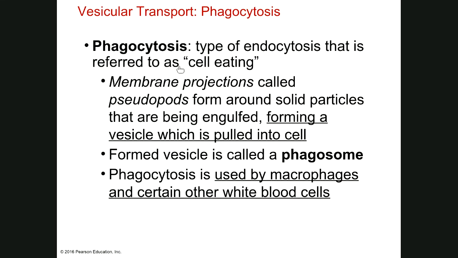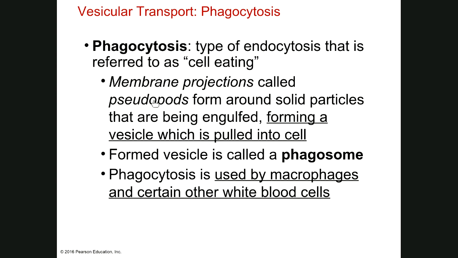All right, what we're going to have happen is the plasma membrane will form something called pseudopods. You've heard that word before, false feet. Okay, so the plasma membrane will actually sort of extend out a little bit, forming these arm-like structures, or foot-like structures.